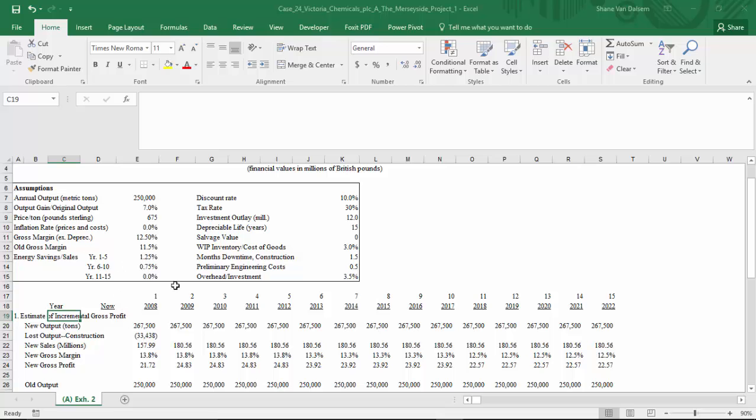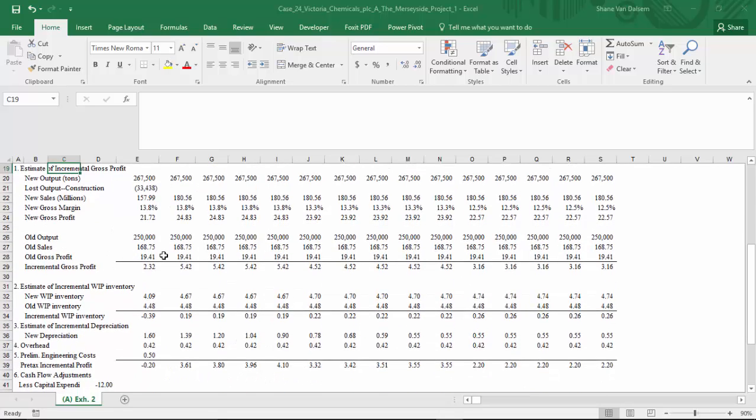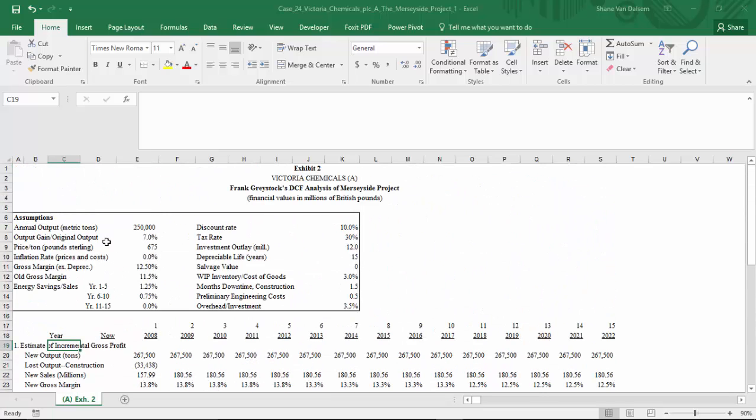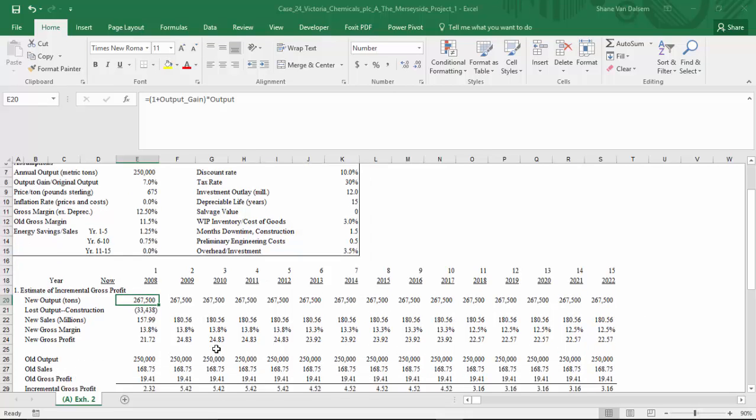This project is adding on additional capacity for an existing product that the company sells. The output gain divided by the original output. So it's saying the gain is going to be 7%. So currently their output is 250,000 tons per year. This project will allow them to increase their output by 7%. And down here below, we see that is 267,500 for the life of the project.